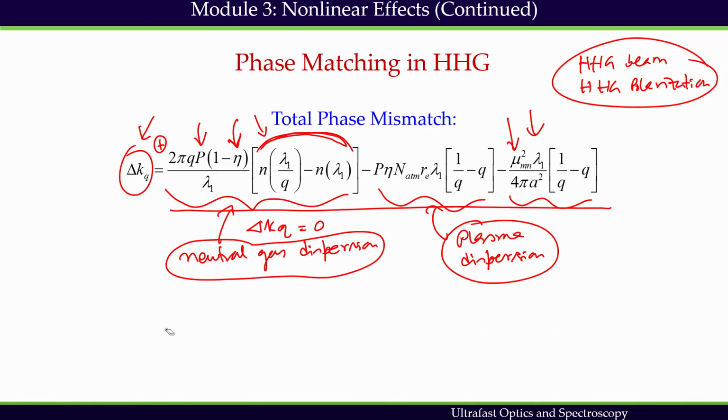So instead of positive, this term becomes negative. The second term, which is plasma dispersion, on the other hand, is positive because q is greater than 1, so 1 by q is less than 1. So this negative is contributing to this negative, and finally this is becoming a positive contribution.